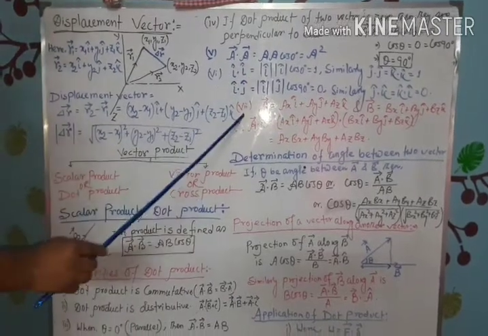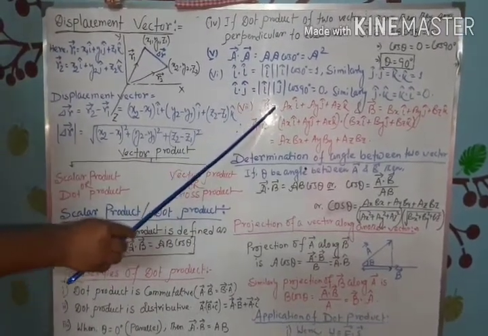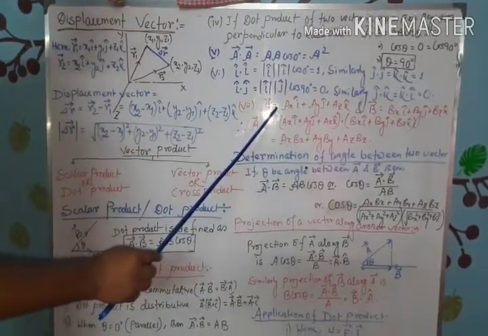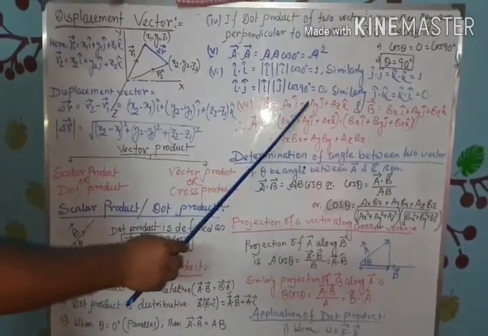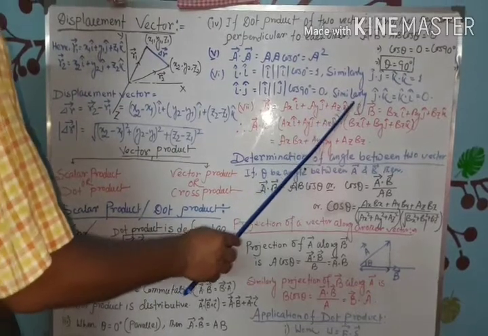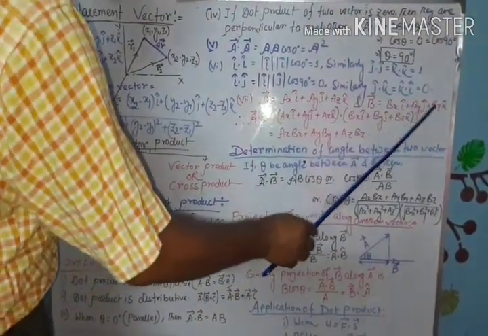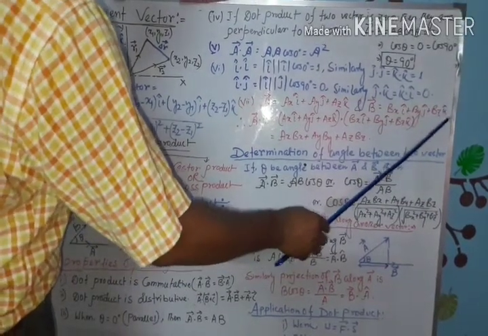In the next point, we want to determine the dot product of two given vectors, where a vector is given as ax i cap plus ay j cap plus az k cap. Similarly, b vector equals bx i cap plus by j cap plus bz k cap.